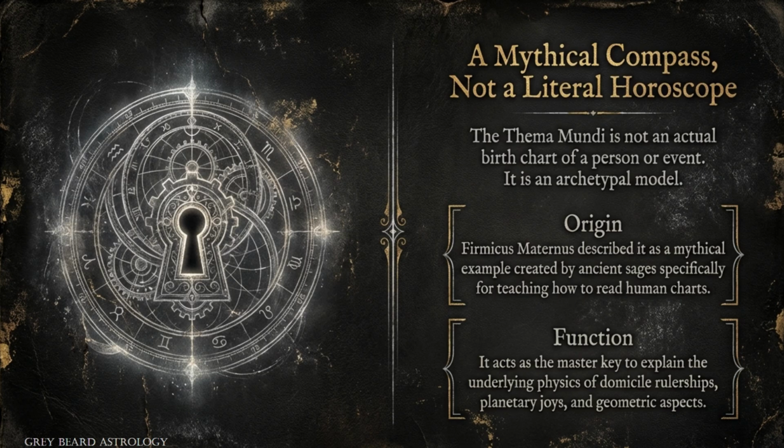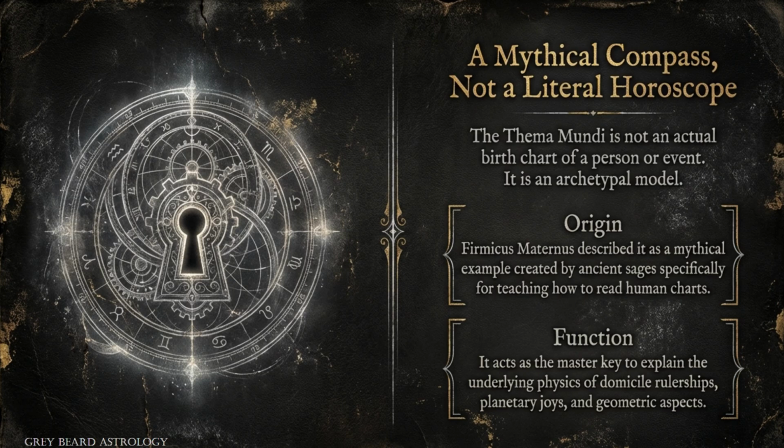So like we said, this is a teaching tool, not a particular horoscope. The Thema Mundi is a mythical horoscope of the world. It is like a source code. Its job is simple and brutal: provide the logic between domicile rulerships, planetary joys, and geometric aspects, and also the triplicity lords.